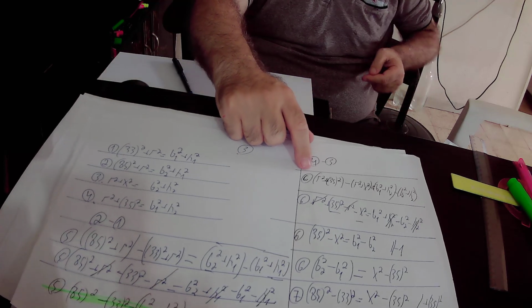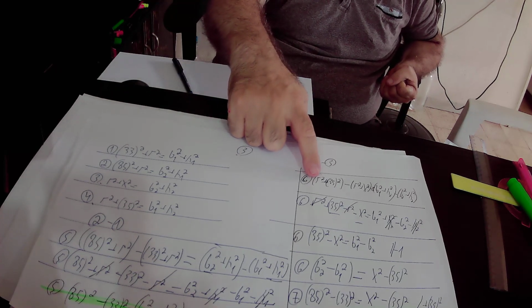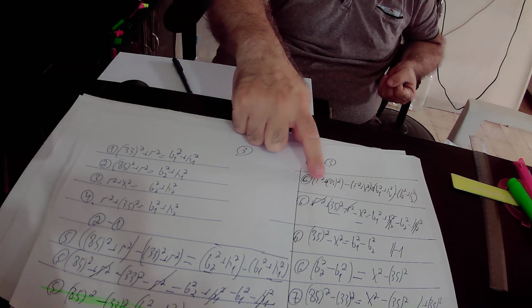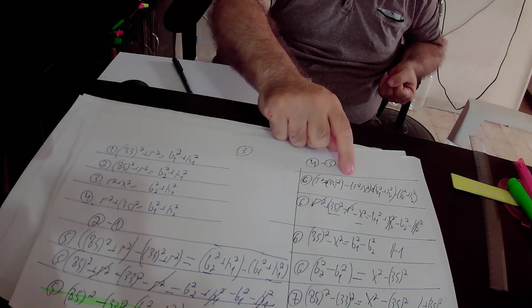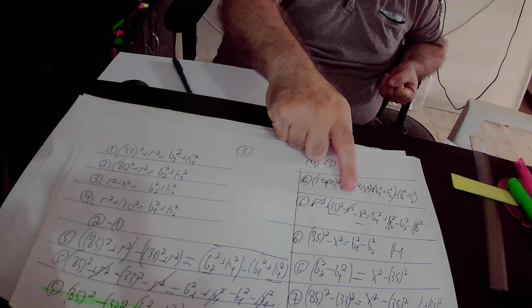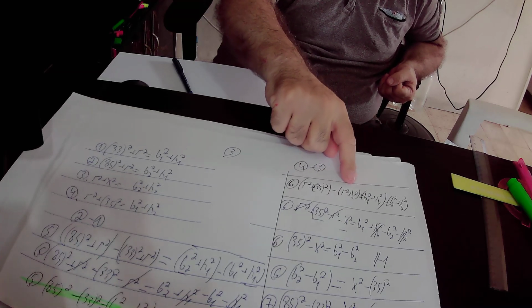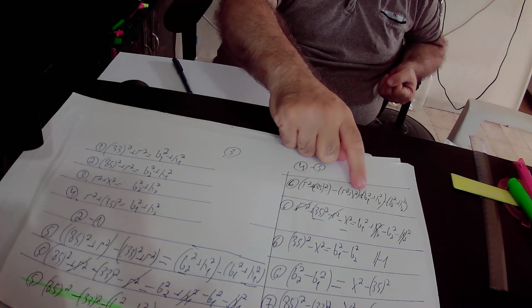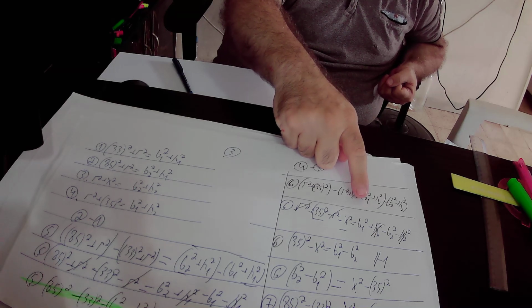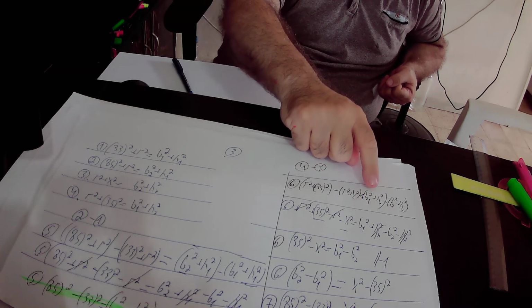Then we open the brackets here, and we have r square plus 35 square. We open the brackets here, and we have minus before the bracket, so it will become minus r square minus x square, that is equal to b2 square plus h2 square.